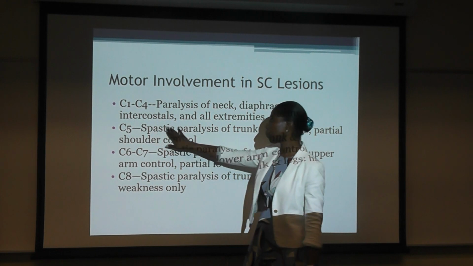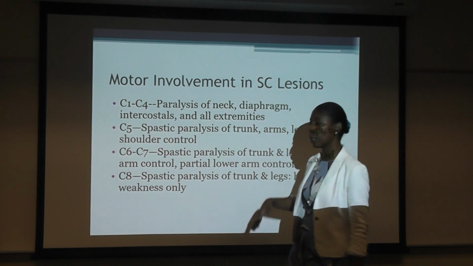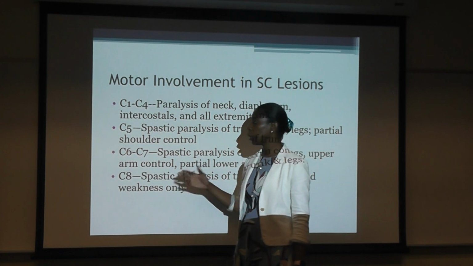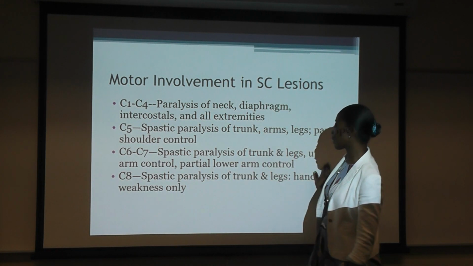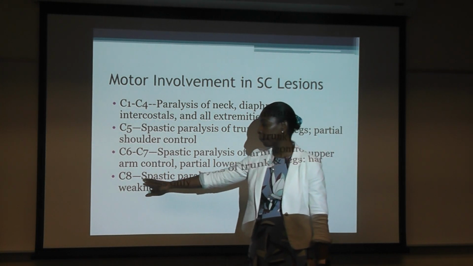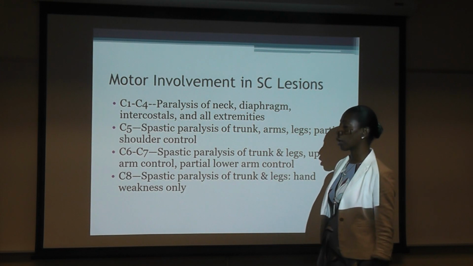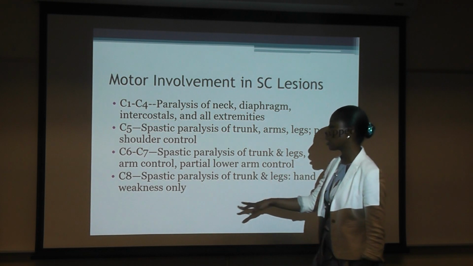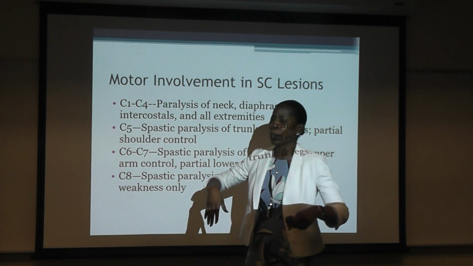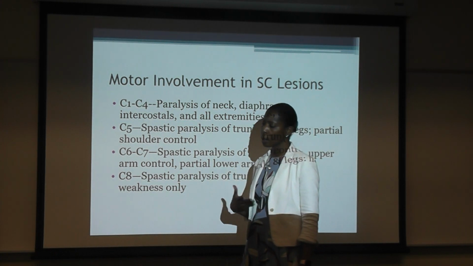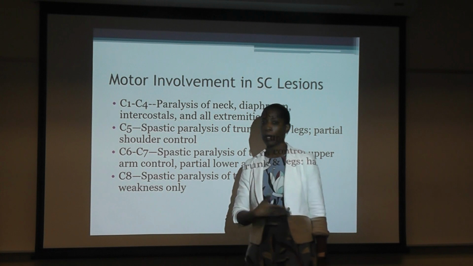C5, spastic paralysis of the trunk, arm and legs. This is a quadriparetic also. C5, C6, again, almost quadriparetic. C8, spastic paralysis of the trunk, arm, hand weakness only. They may be able to lift a little bit of their arms, but still not much function.